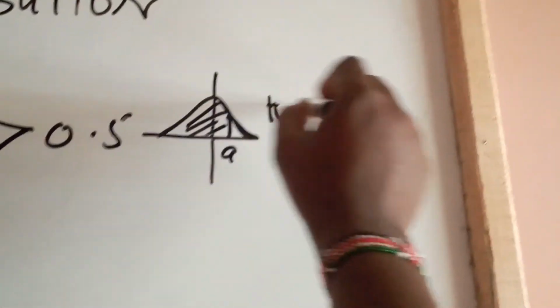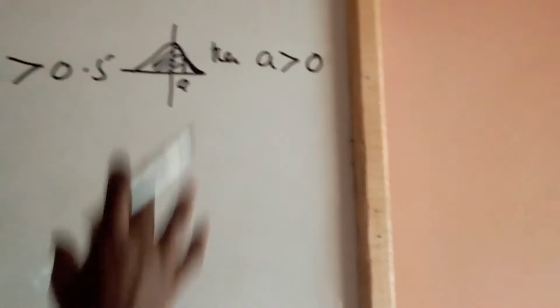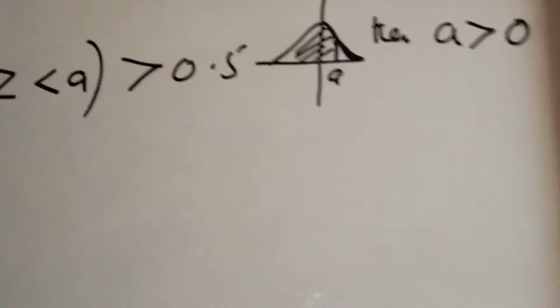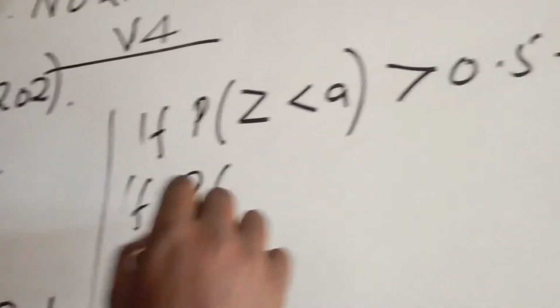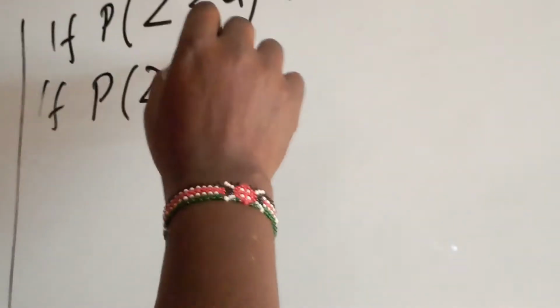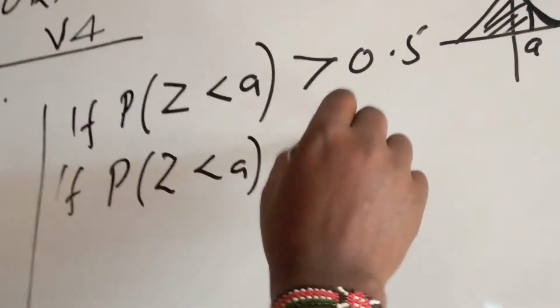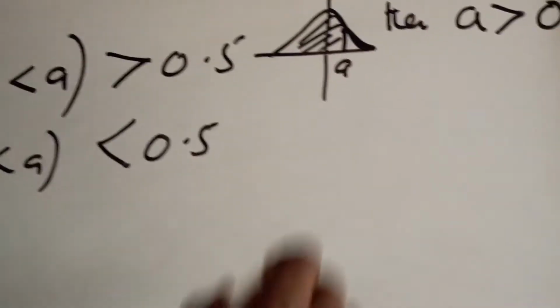Then a is greater than 0. A is always greater than 0. You can see a is on the right. And if there is a probability of a certain z less than a, where a is the boundary, and it's less than 0.5, probably we can demonstrate it this way.